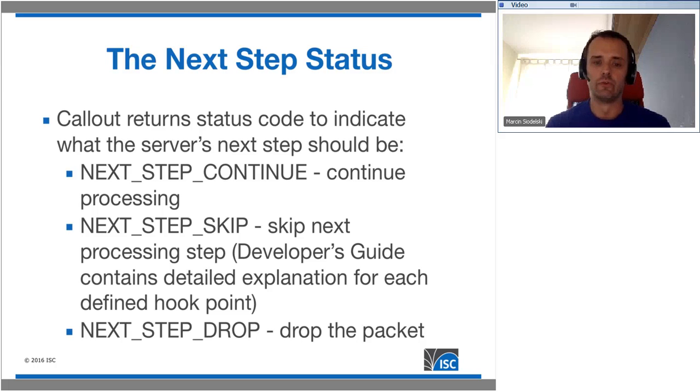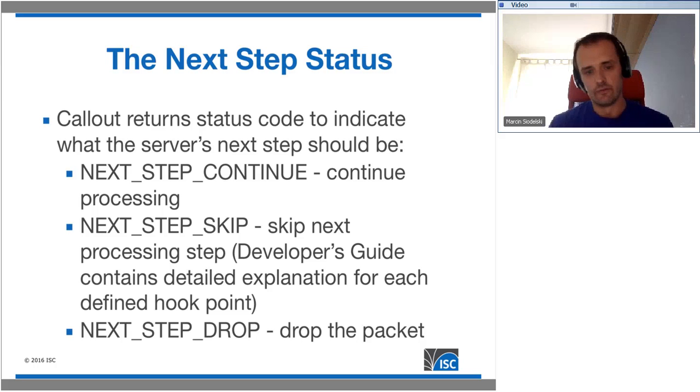The default value returned by the callout will be next step continue, to indicate to the server that it should just act as it would act if the callout wasn't even present, right? Just do further stuff when the control is returned from the callout.